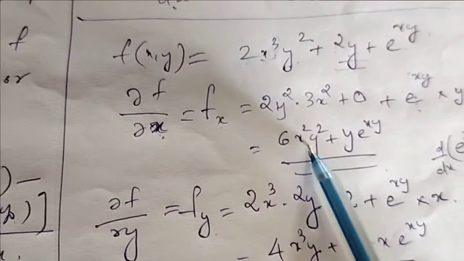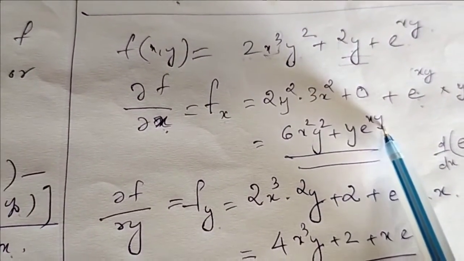So what is here? ∂f/∂x is 6x²y² plus y e raised to xy.